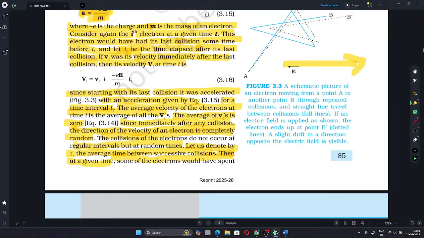The average velocity of electrons at that time is the average of all the vi's. This vi is the velocity of the electron just after its collision.